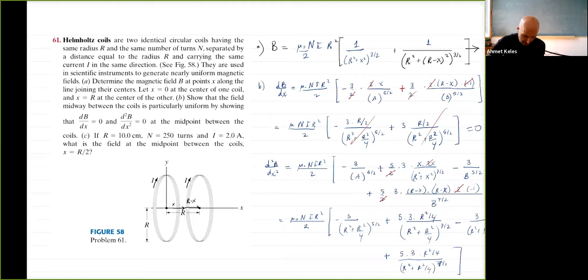Now I want to take this factor outside and let's see if everything cancels nicely.